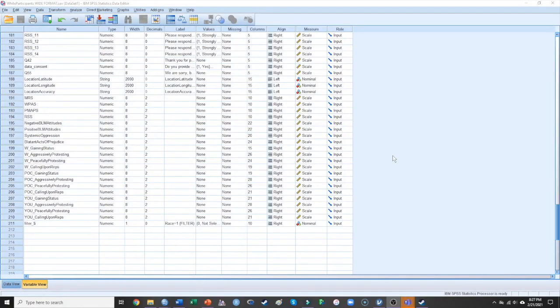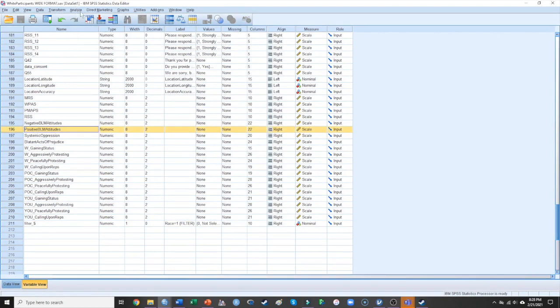So in this study, we were examining attitudes toward Black Lives Matter, and one of the things that I want to know right off the bat is, do people generally hold more positive views of Black Lives Matter or more negative views of Black Lives Matter? And so one of my variables in my data file, we actually examined positive attitudes toward Black Lives Matter.